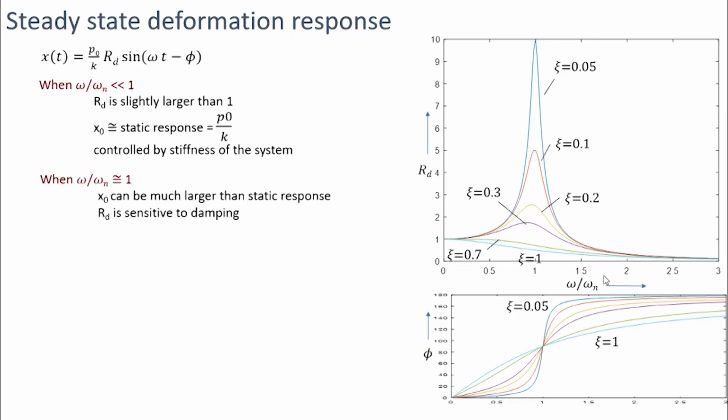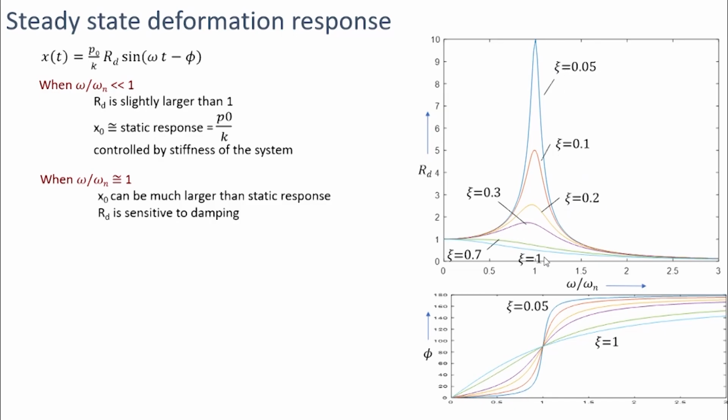Now, when the frequency ratio is near 1, equal or approximately equal to 1, as we have seen earlier, the amplitude of the response can be much larger than the static response. This value of Rd can be much larger than 1. The value depends upon damping.